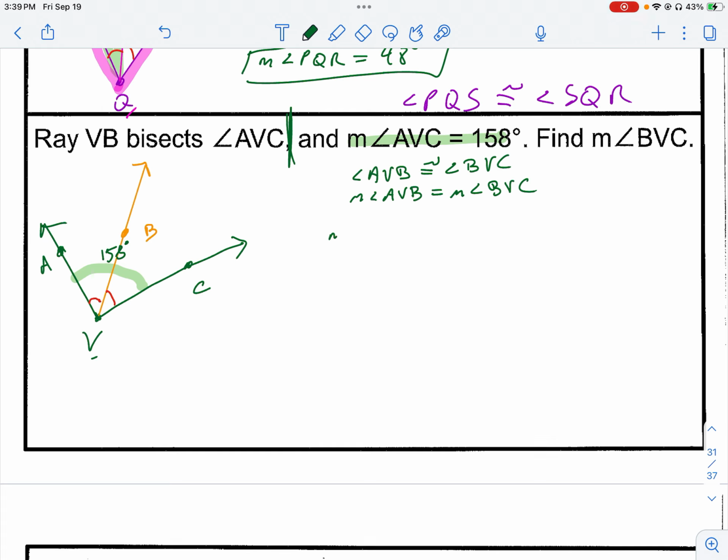I know from my angle addition postulate that angle AVC equals the measure of angle AVB plus the measure of angle BVC. So what am I supposed to find? I'm supposed to find the measure of angle BVC. So I want to have just BVCs.